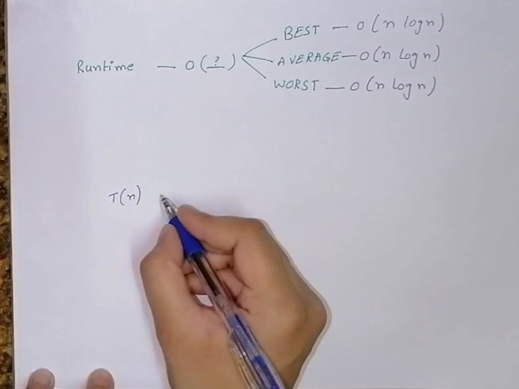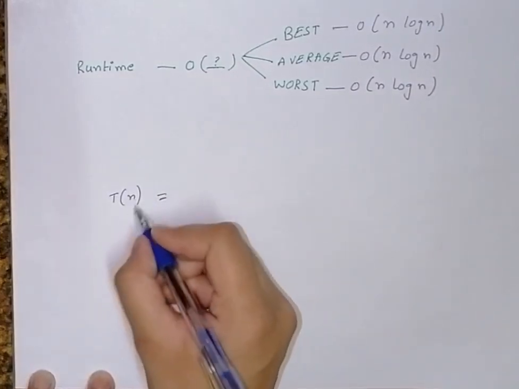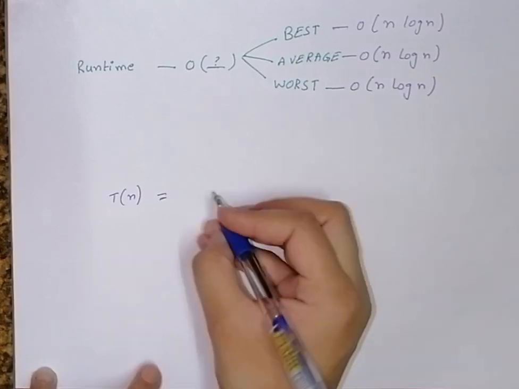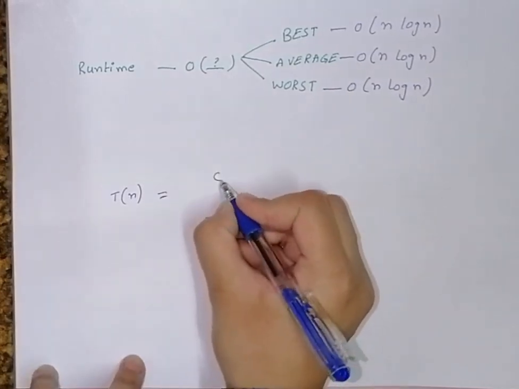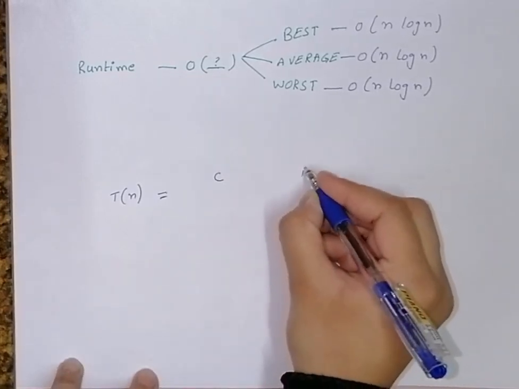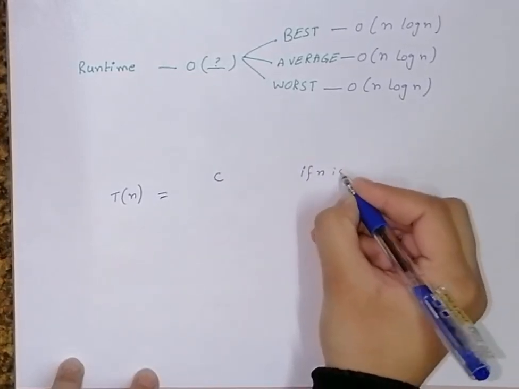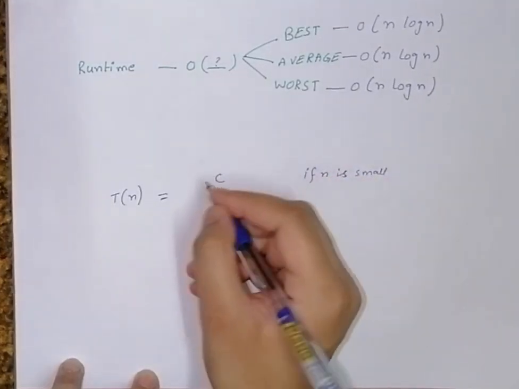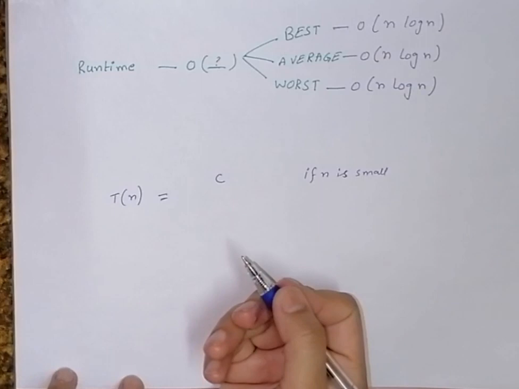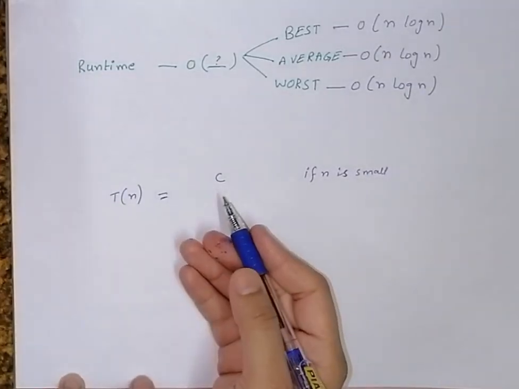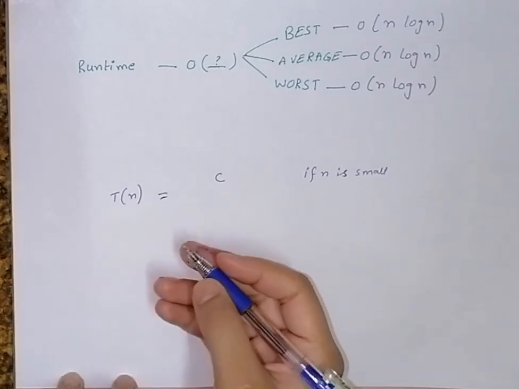Let's say T(n) is the time that merge sort algorithm will require for n size of input. So its value is c, a constant value 1, 2, or something if n is very small. If n is small, obviously if your input size is small, your algorithm will definitely work faster, and when performing the computation you may receive very minute or minor time.